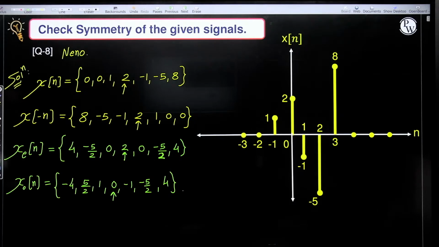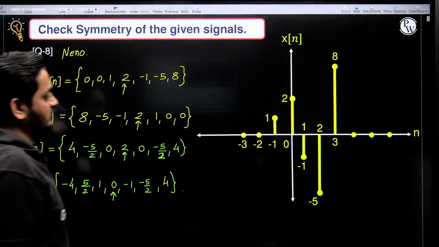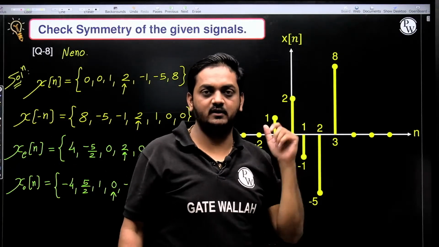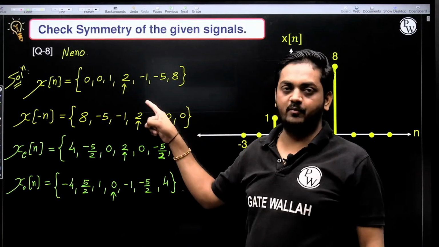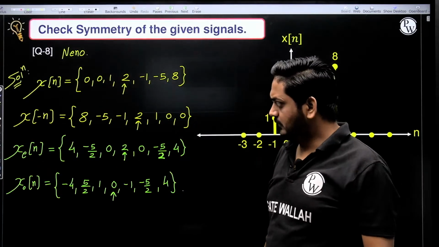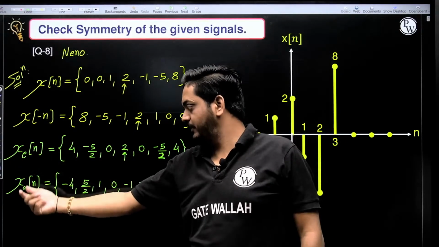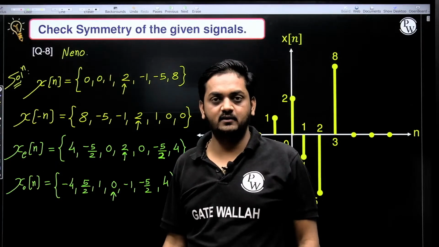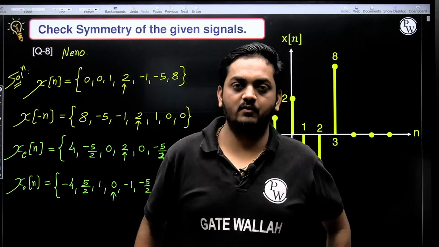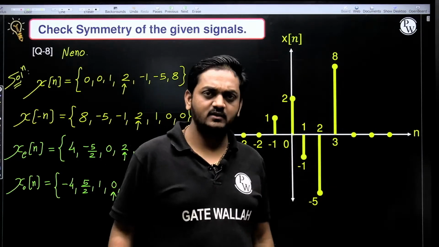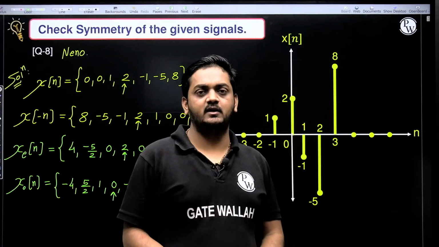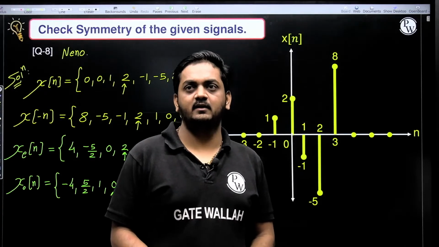Okay. So this is the odd part. Clear? Okay. So if graphically x of n is given, then write it in the sequence format, and then you can follow the procedure, and graphical representation you can do for x e of n and x o of n. Clear? So in this way we can find the even part, odd part for the discrete time also. This is, I think, very easy compared to the continuous time. Fine? Clear?